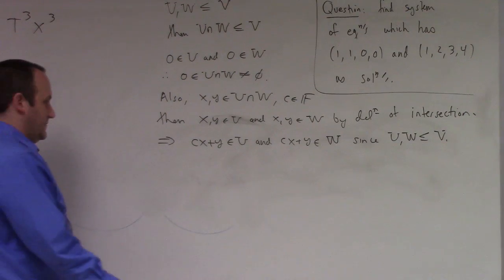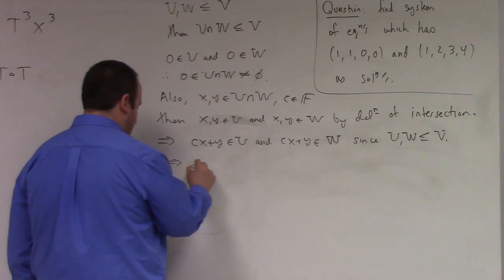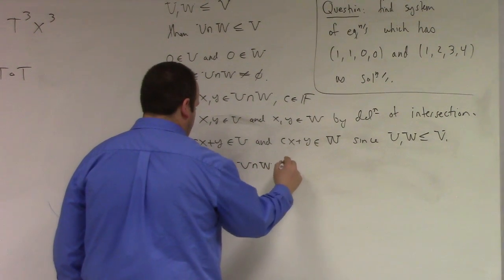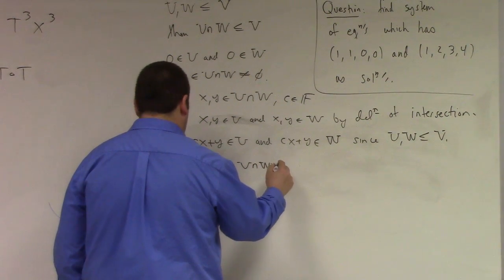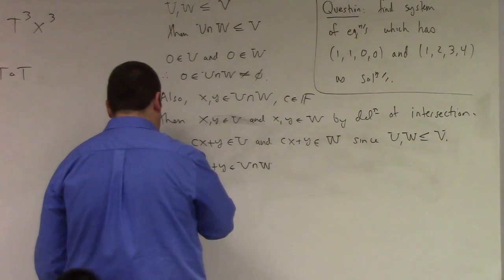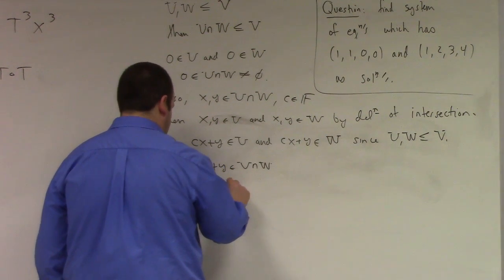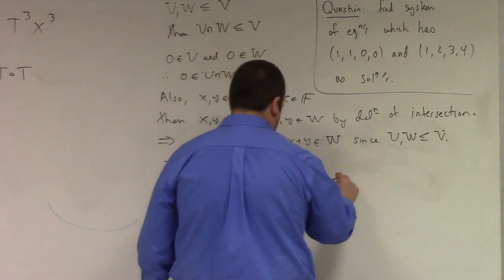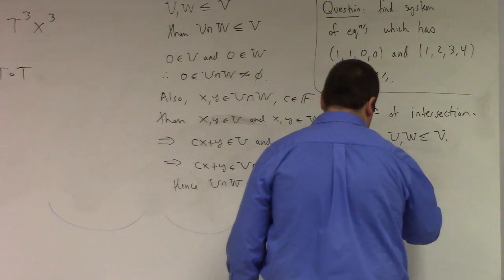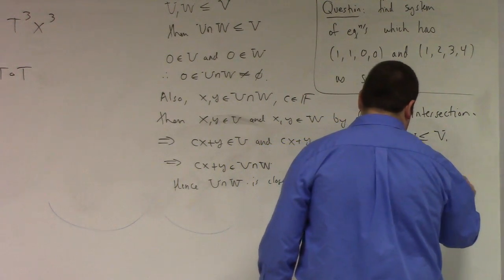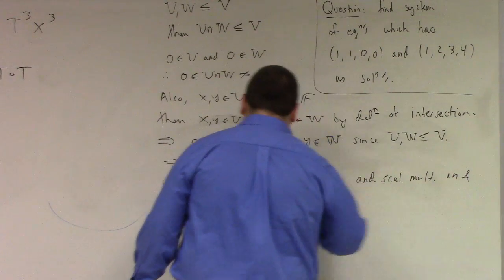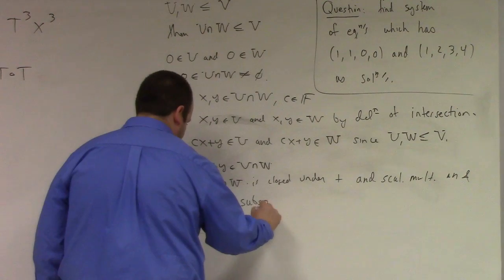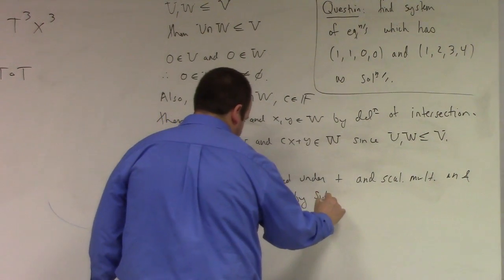And then by definition, cx plus y is an element of the intersection. Hence U intersect W is closed under addition and scalar multiplication, and is thus a subspace by the subspace test theorem.